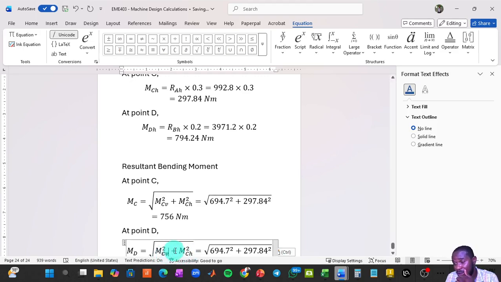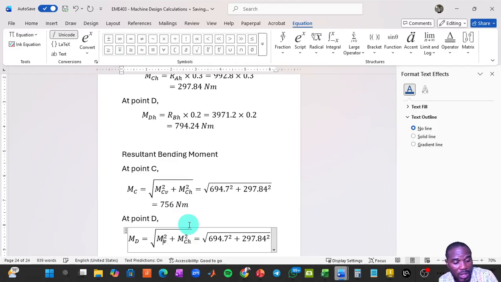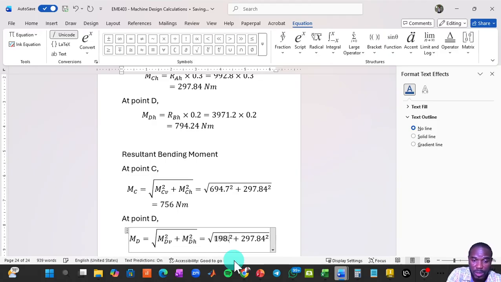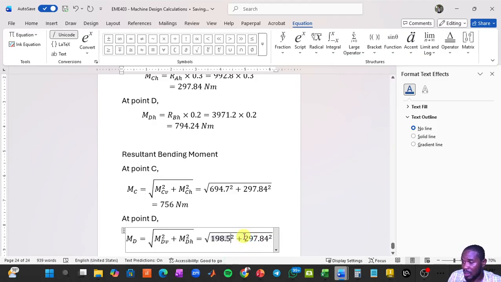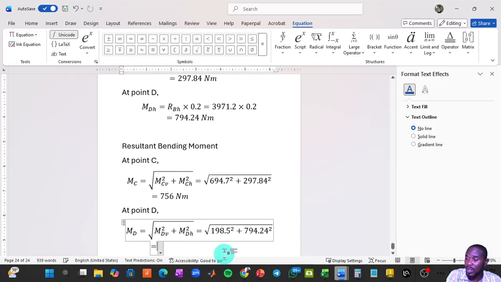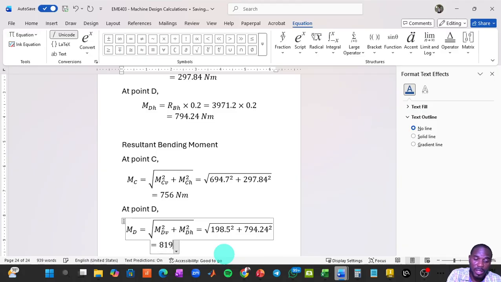Wherever you see C here, that's actually D. So the bending moment at point D in the vertical direction squared plus the bending moment at point D in the horizontal direction squared, summed together and square rooted. MDV is 198.5, I think that's what we had there, and MDH is 794.24, squared, and that gives us approximately 819.2 Newton meter.